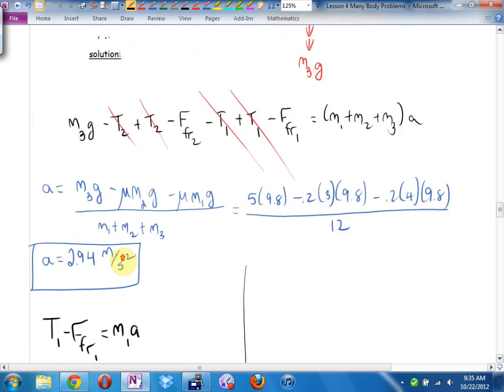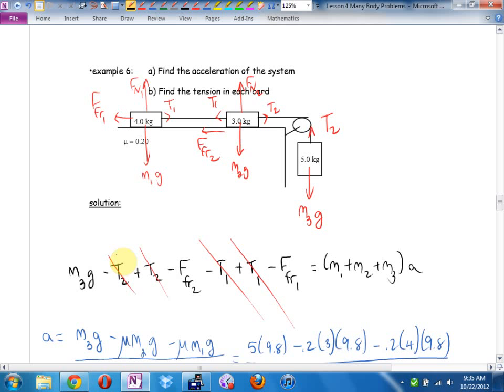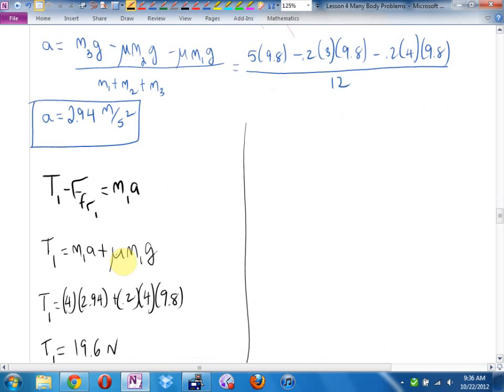Let's go find tension 2. I could use the middle mass. I'm telling you, the right-hand mass, the hanging mass, is going to be way easier to find tension 2. It's got less forces on it. Less work. Who's winning in the hanging mass? M3G, right? Gravity. Who's losing? Tension 2. So my equation is M3G minus tension 2 equals M3A. Now I'm looking at just one mass.